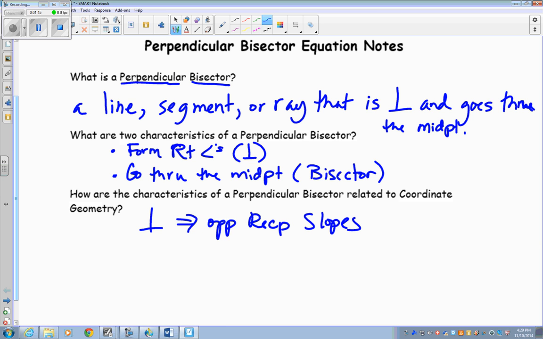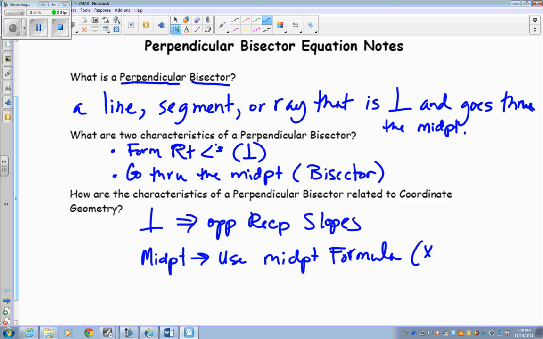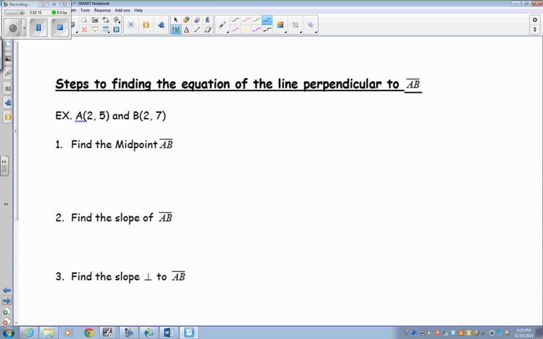And to deal with the midpoint, you're going to have to use the midpoint formula, which is basically x1 plus x2, the average of the x coordinates divided by 2, and then y1 plus y2 divided by 2.